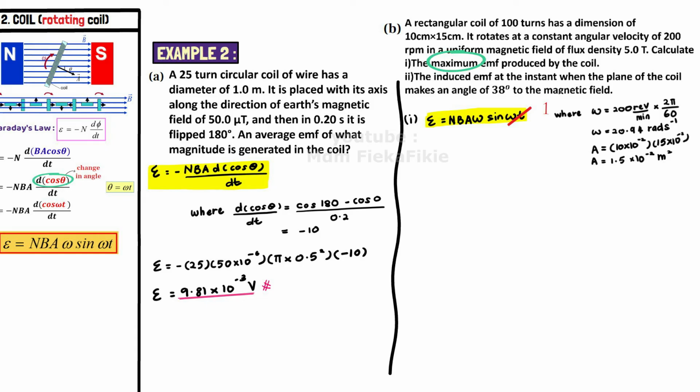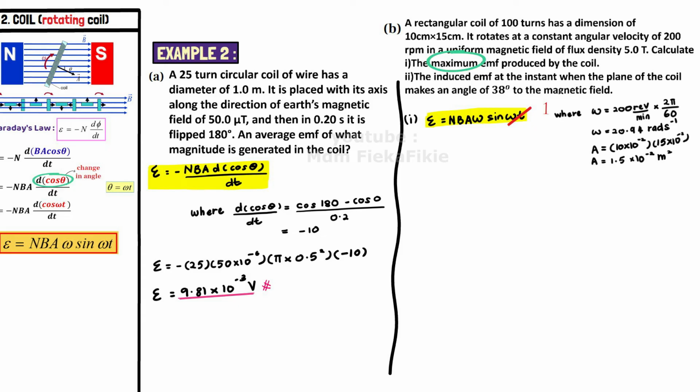Omega is equal to 200 revolution per minute. Pastikan bila unit angular velocity revolution per minute, you need to change to radian per second first. So, omega 200 revolution per minute times 2 pi over 60 seconds. So finally, omega is equal to 20.94 radian per second.